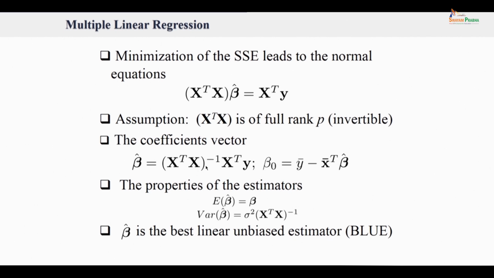In the multivariate case, division is represented by the inverse, so you get x transpose x inverse times x transpose y. So you can see it is very similar to the solution for the univariate case, except that these are matrices and vectors, and therefore you have to be careful. You can't simply divide, it is matrix times inverse times a vector. That is the solution for beta, which is the slope parameters.